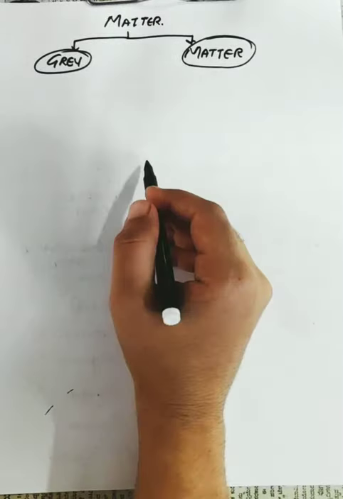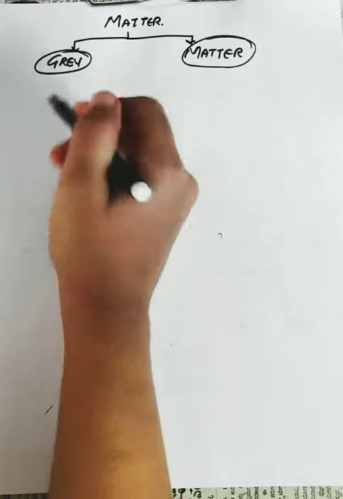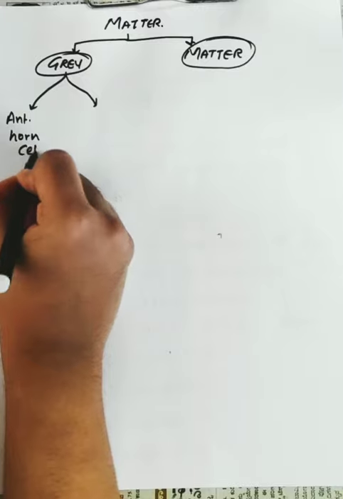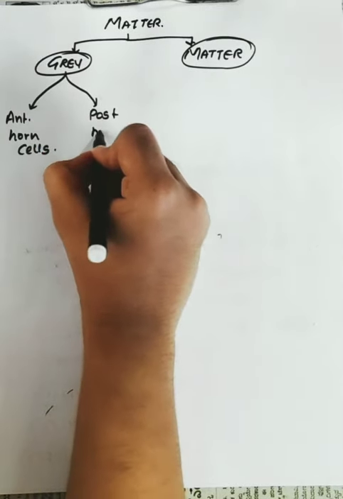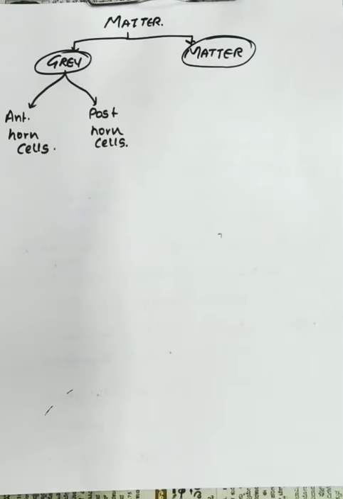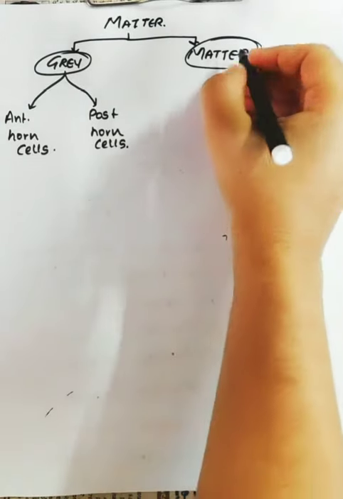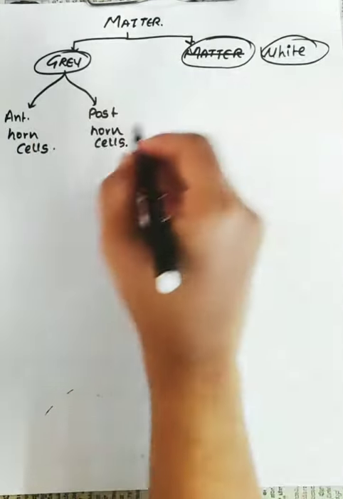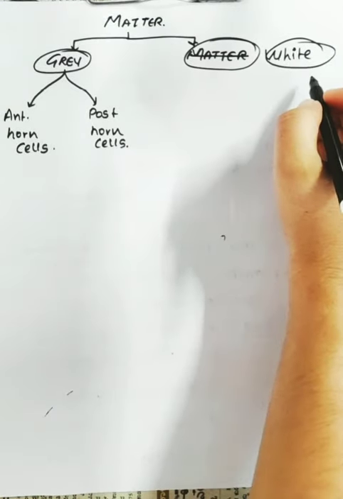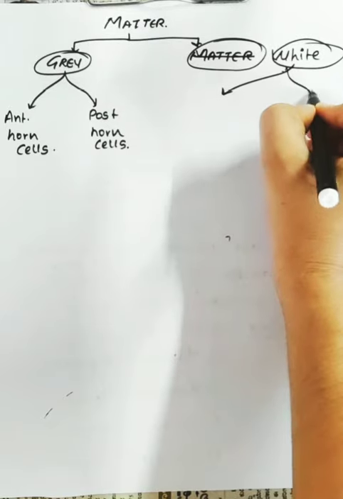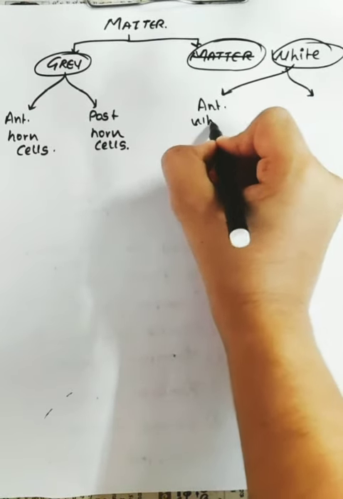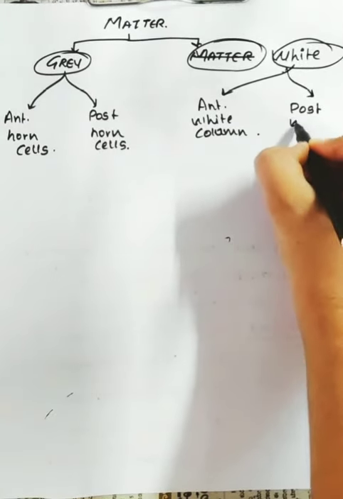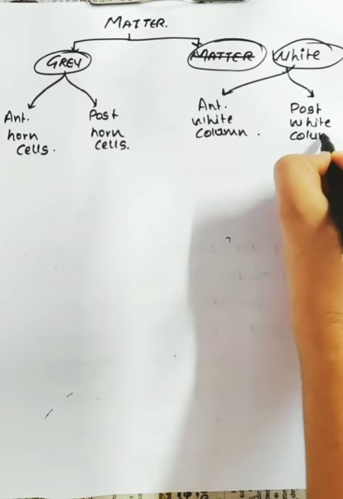So there is gray matter as well as white matter. The gray matter has anterior horn cells as well as posterior horn cells, whereas the white matter has the anterior white column as well as the posterior white column.